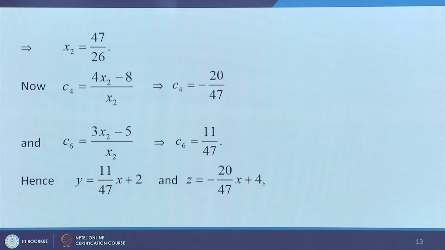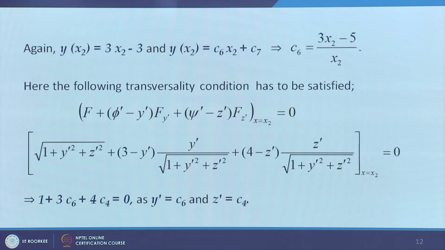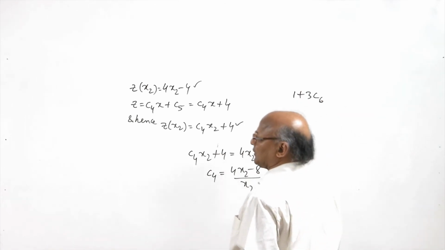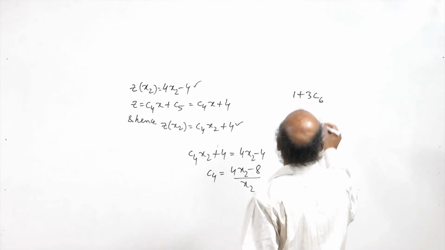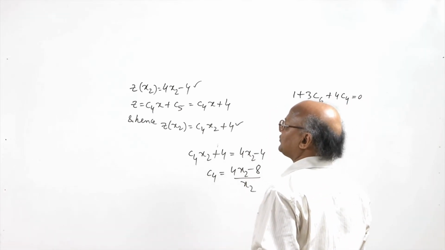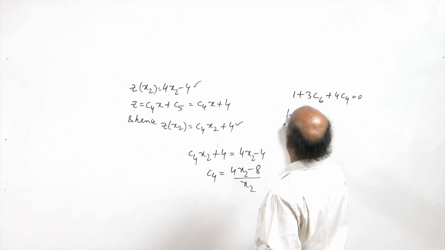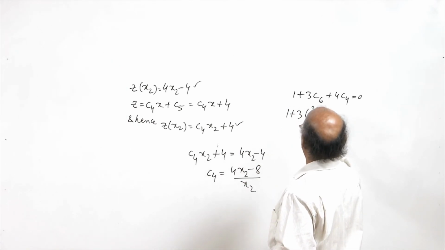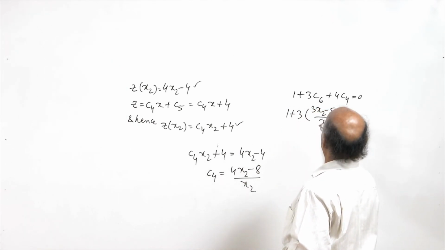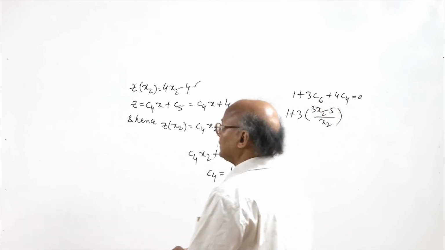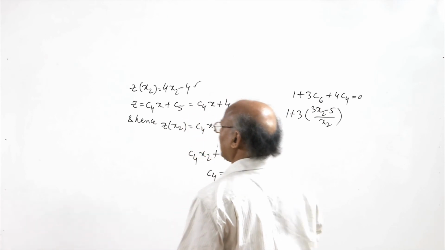Now, okay, so let us see, we have 1 plus 3 c6 plus 4 c4 equal to 0. In this we can put the value of c6 as 3x2 minus 5 over x2, and then we can put the value of c4 also.